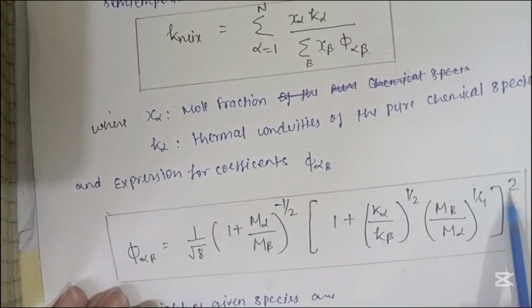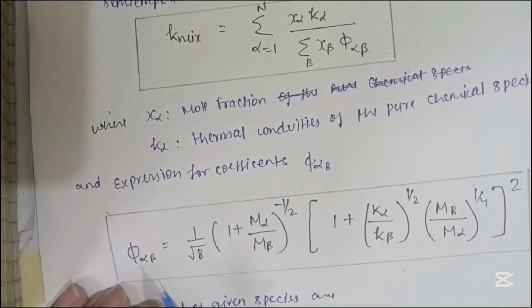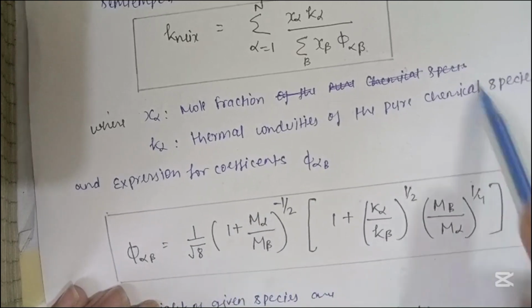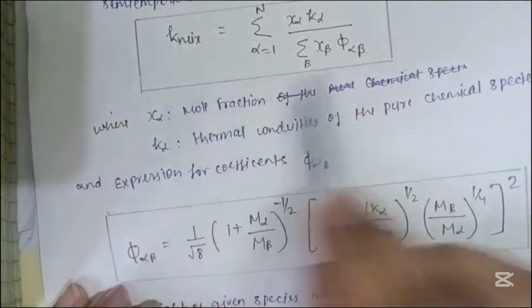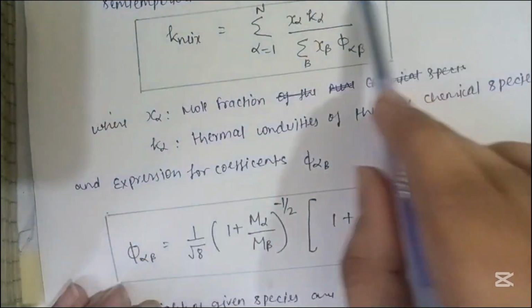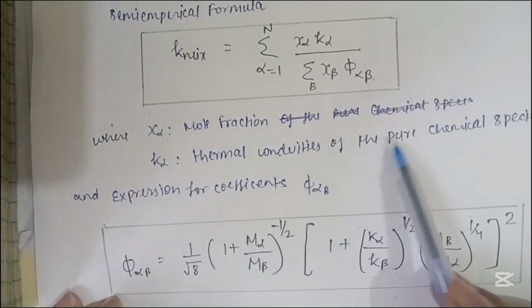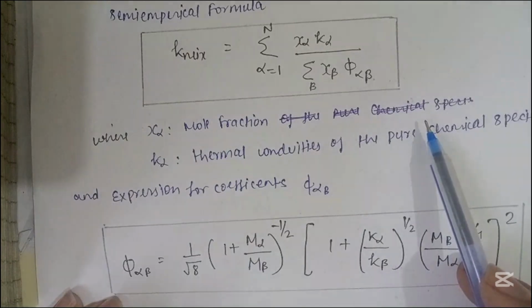So we will calculate the phi alpha beta from that formula, and we will put it into that equation, and we will calculate the thermal conductivity for the overall mixture.